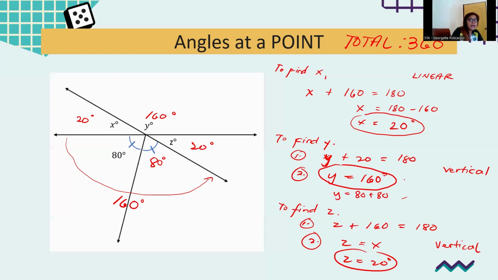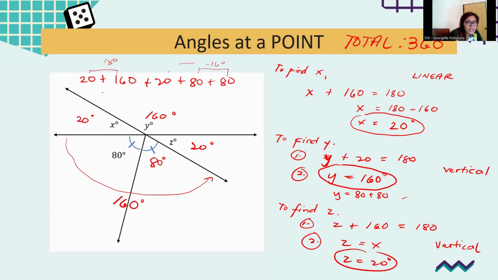Again, the total of all our measurements must be 360. Don't rely only on x, y, and z, because those are only part of it. You should add all the measurements here. So start with 20 plus 160 plus 20 plus 80 plus 80. 20 plus 160 is 180, and 20 plus 160 again is 180.